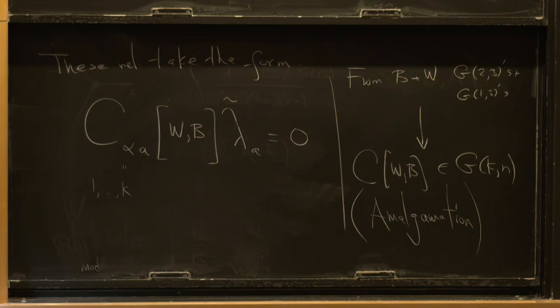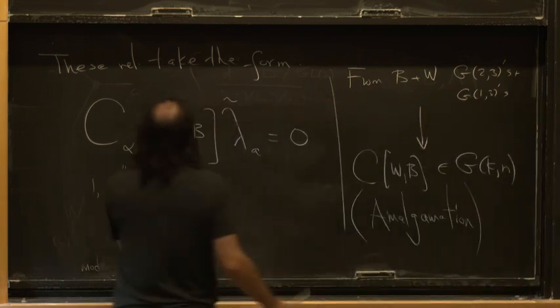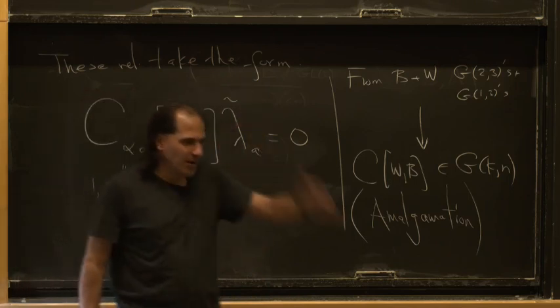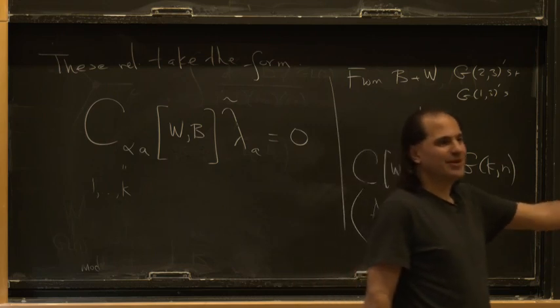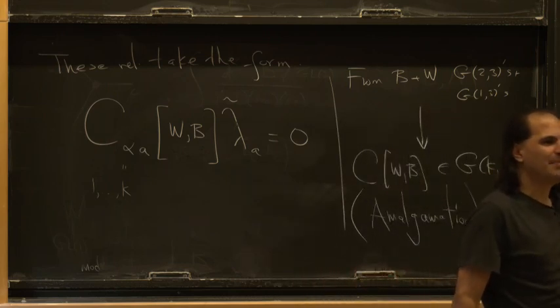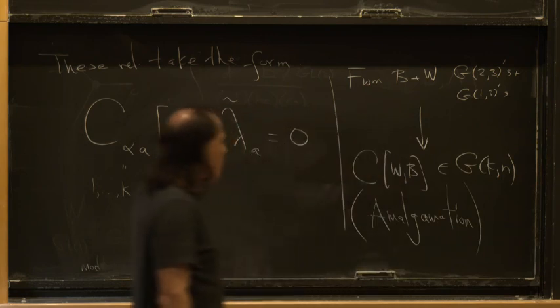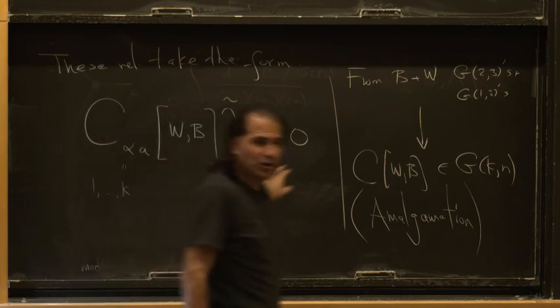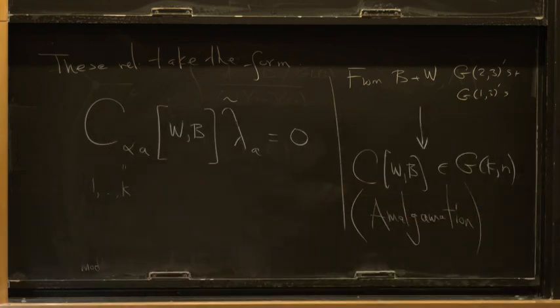Because remember, part of the internal integration was d squared lambda tilde modulo the GL1 that acts on the edges. And I told you this is a very nice thing, that the GL1 on the edges is actually carried by these whites and blacks. So instead of modding out by the GL1s when I integrate over d squared lambda and d squared lambda tilde, I can leave the integral over lambda and lambda tilde free and mod out by the GL1 on the edges here. That's again part of the magic, that all the nonlinearity you normally associate with phase-space integration is gone.